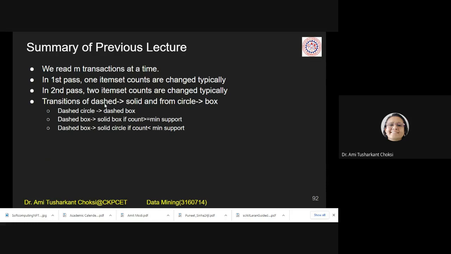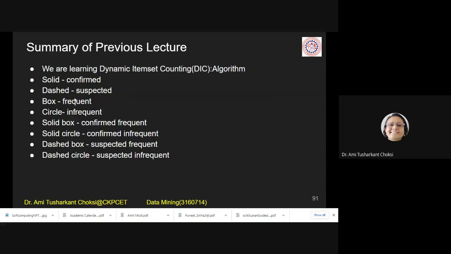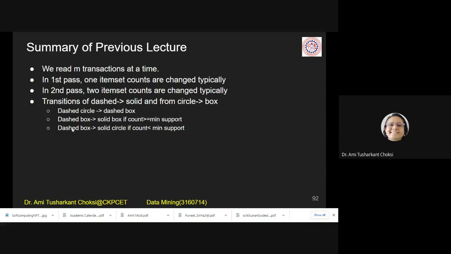Dash means suspected and solid means confirmed, so dash to solid is suspected to confirmed.